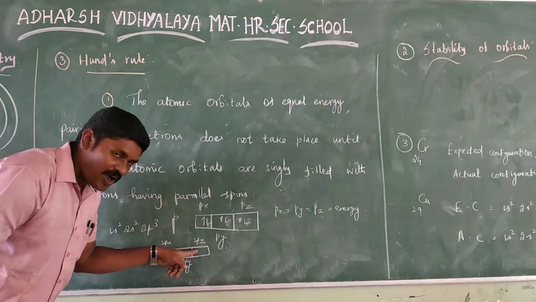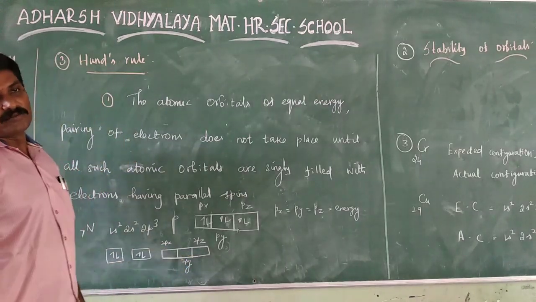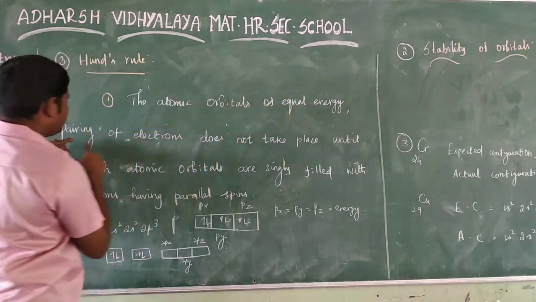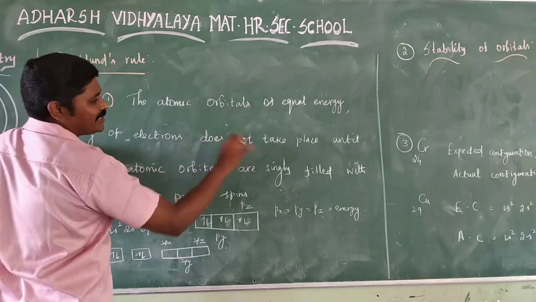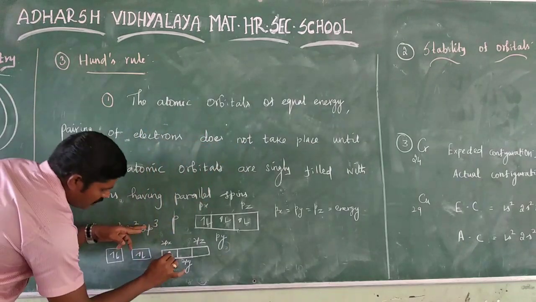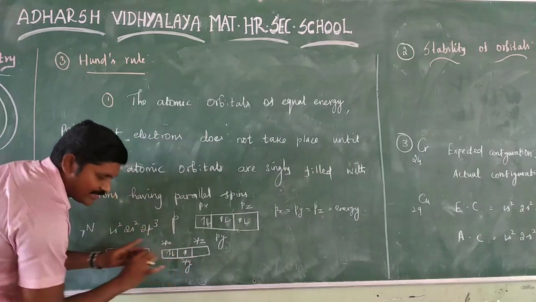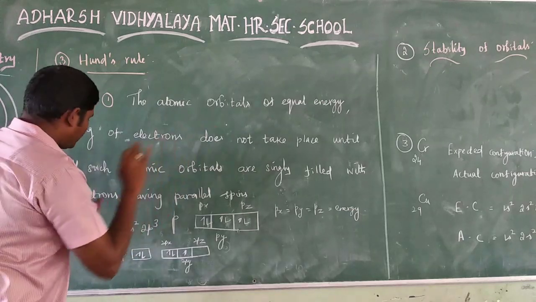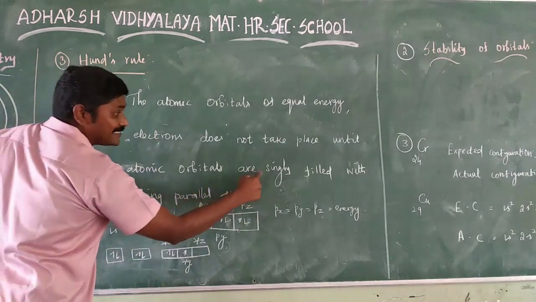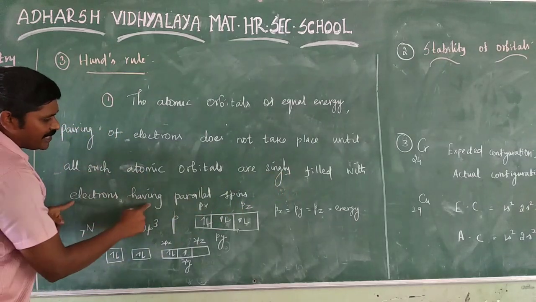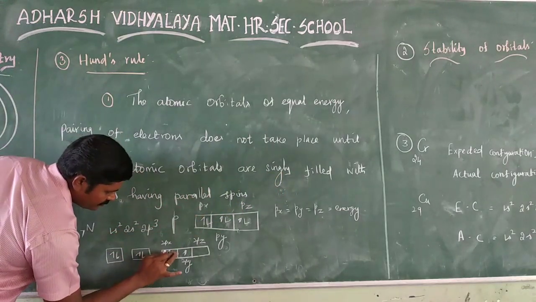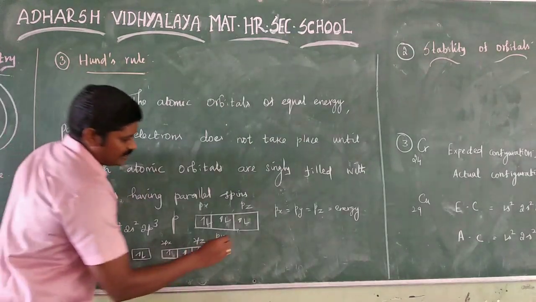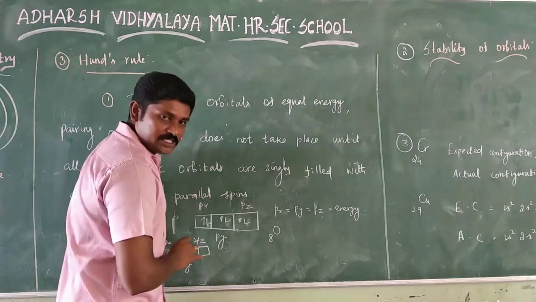The 3 suborbitals are of equal energy, so pairing of electrons does not take place. Putting the 3 electrons in a paired way is the wrong way. They are singly filled with electrons having parallel spin. Right? Nitrogen.